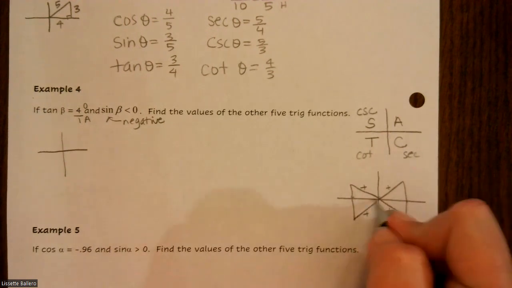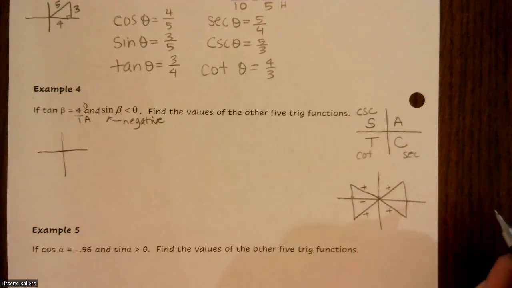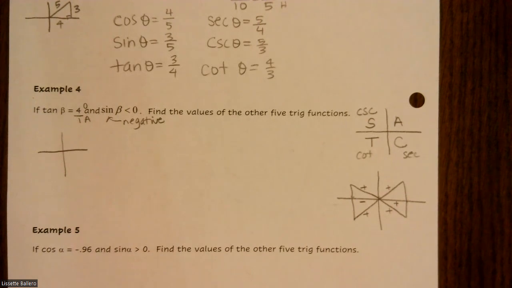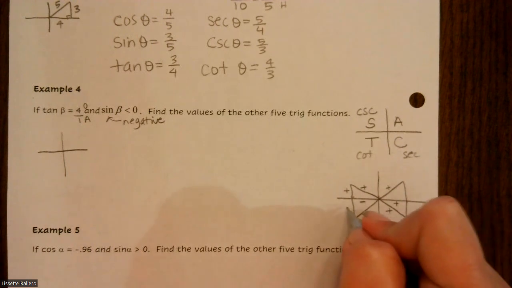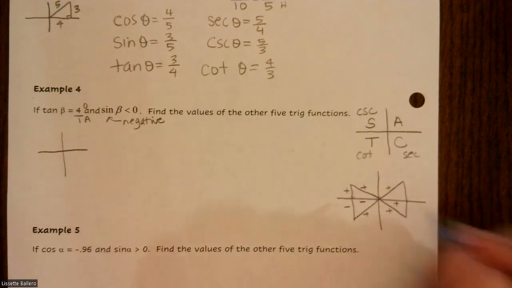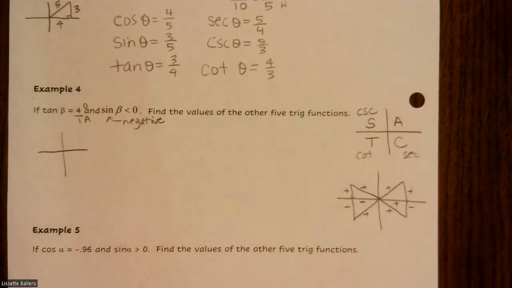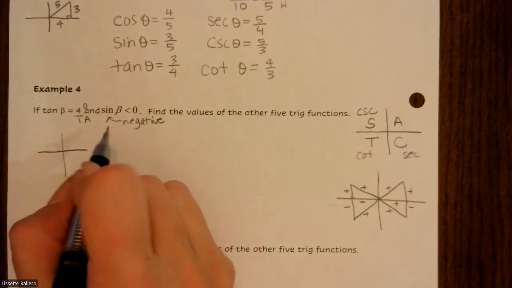For our x's here, since 0, 0 is right here, all of these x values are going to be negative on the left, and the x values are positive on the right-hand side. For our y values, they are positive when you go up and negative when you go down. So there's just a little diagram showing you what the signs are for each one of those points. So let's go back to this one.